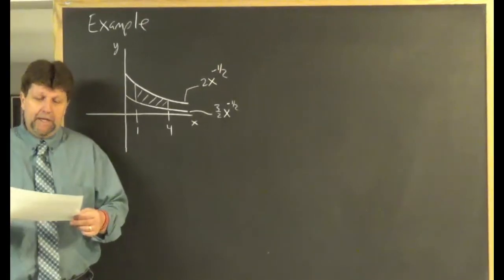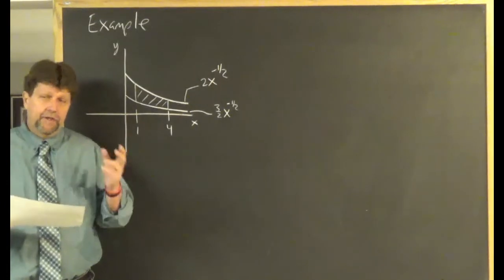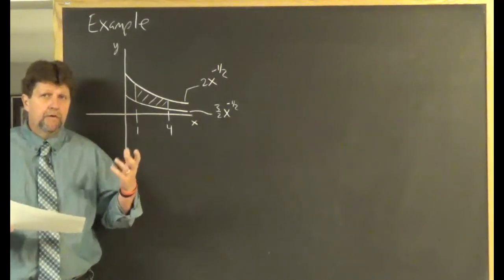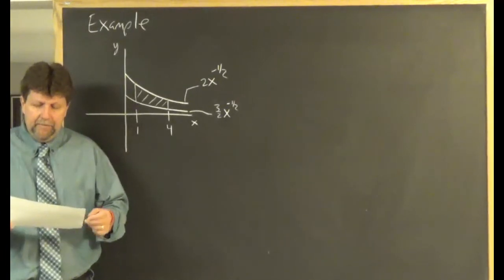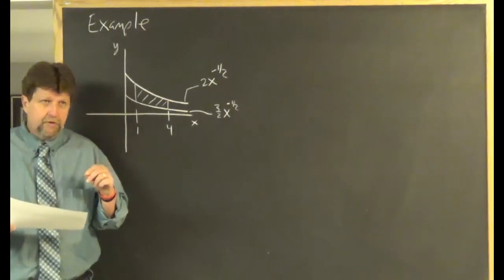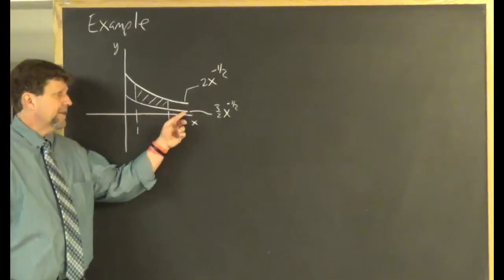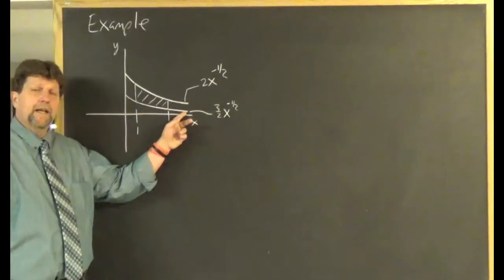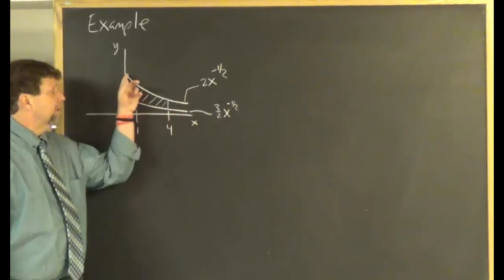All right, this was an application of area between two curves. So hopefully you wrote down in your notes what the example was, all the words there. So in short, you were given two growth rates for a tree. This growth rate, 3/2 x to the negative 1/2, was without any special nutrient.